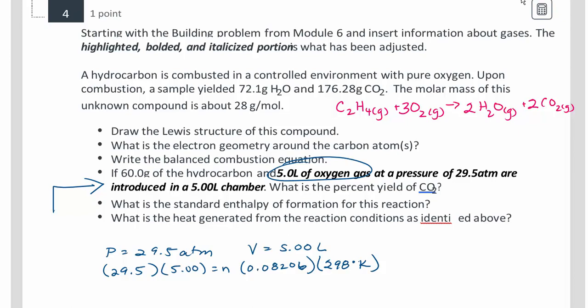So we start on the left side, 29.5 times 5, and get 147.5, and that is going to equal N times 0.8206 times 298, and I get 24.453.